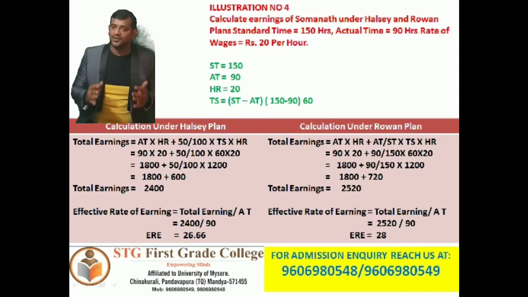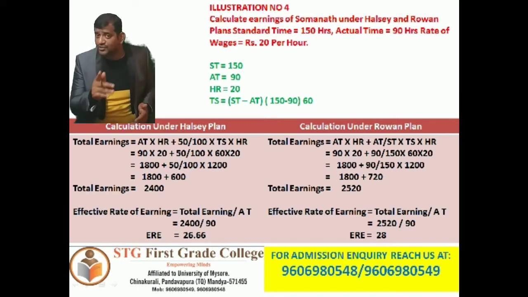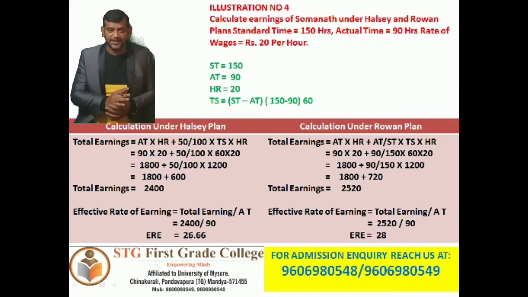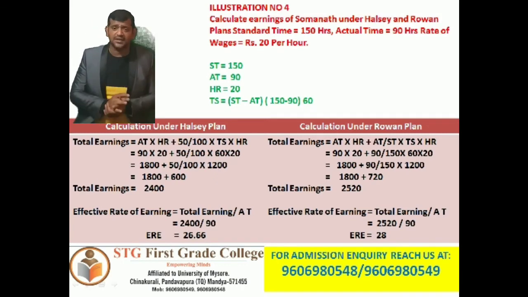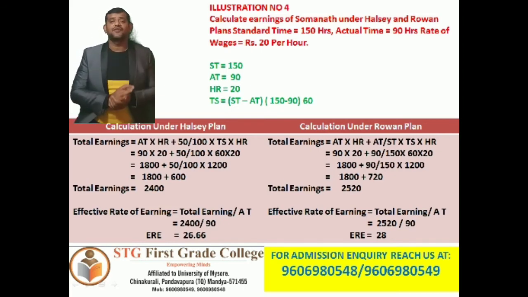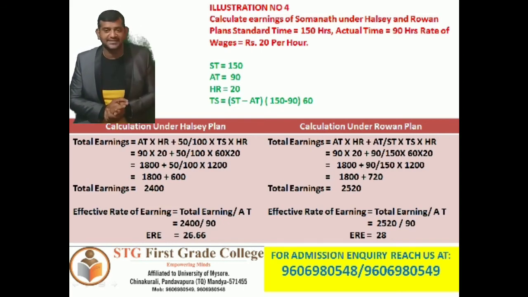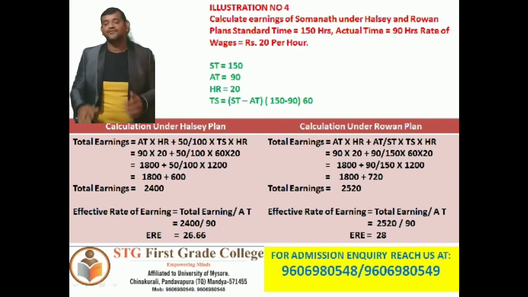That comes to 1800 plus 720 rupees. So 1800 plus 720. Total earnings will be 2520 rupees. Effective rate of earning equals total earnings divided by actual time. So that is 2520 divided by 90. Effective rate of earning is 28 rupees.